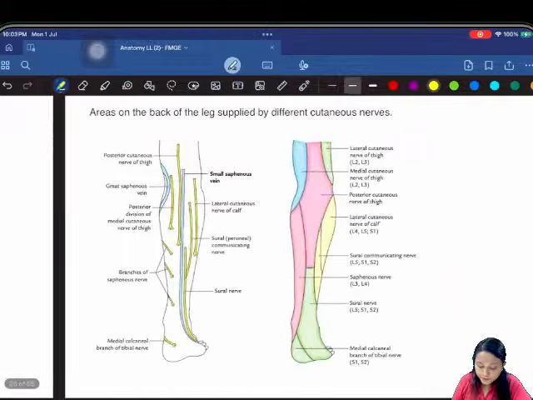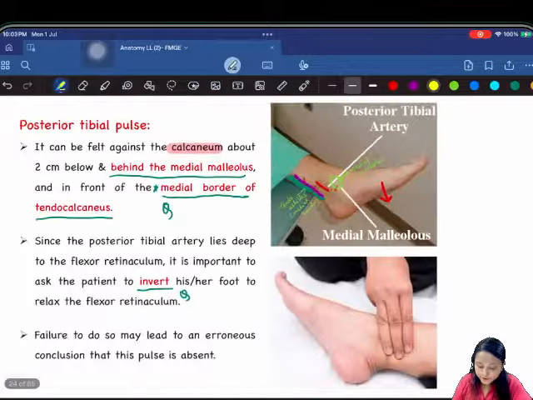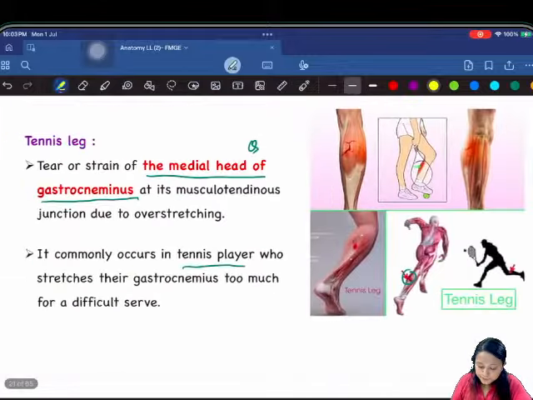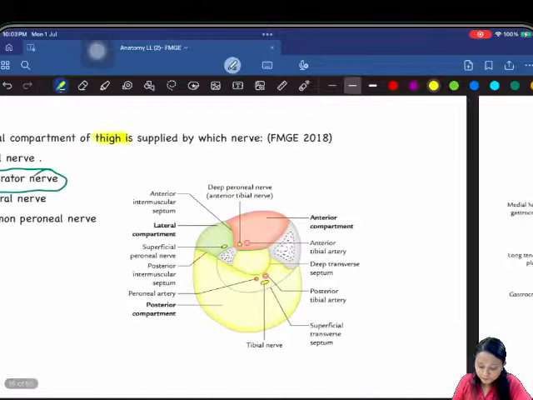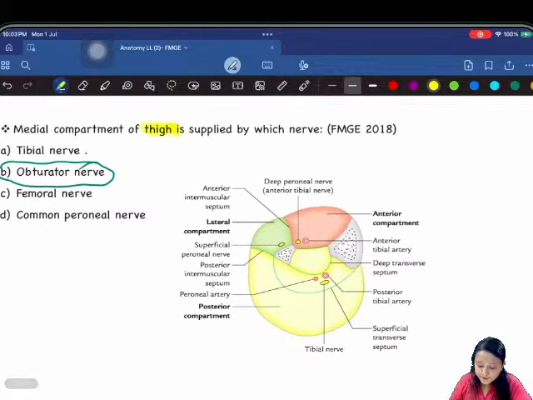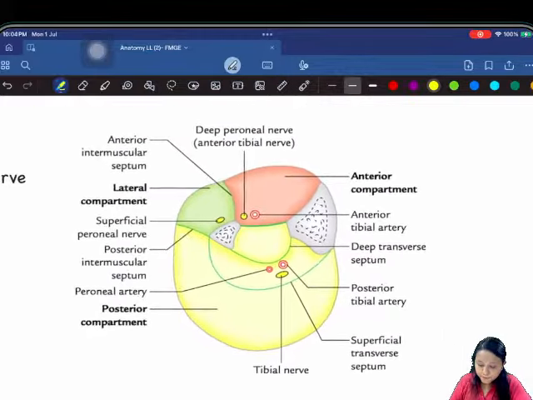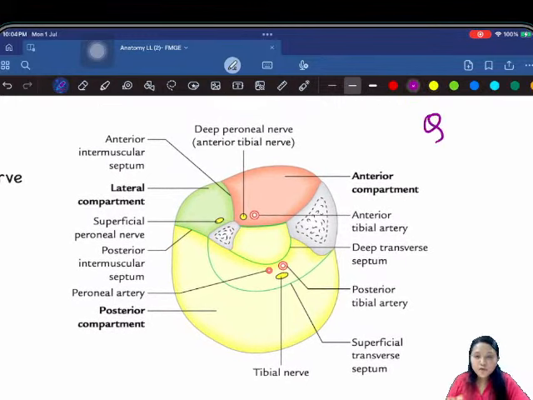Let me show you that slide. This is the single slide you should remember out of all the slides. If you remember it, half of your problem is solved.